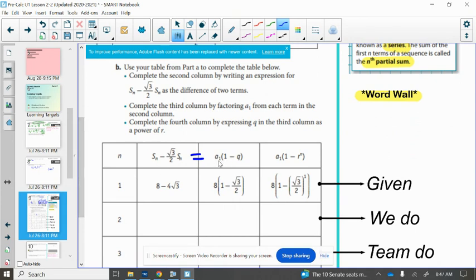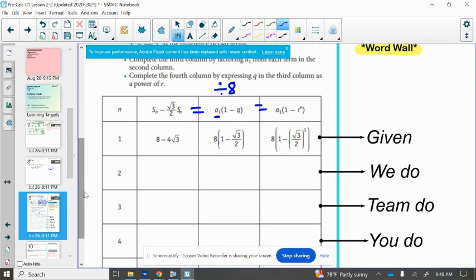If we factor out, in this case, our first term, which is essentially dividing everything by an 8, that will end up equaling our first term times 1 minus r to the n power. So again, we have that sum minus our r value times the sum. Factor out the 8 from both of those, we get this piece, and then rewrite it in terms of r to the n power.